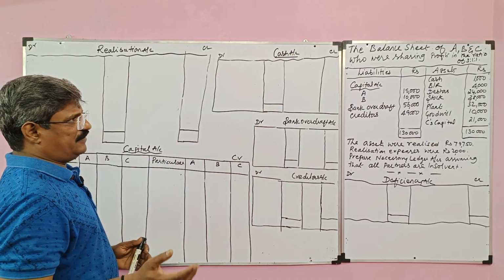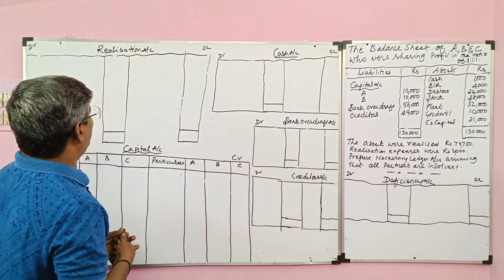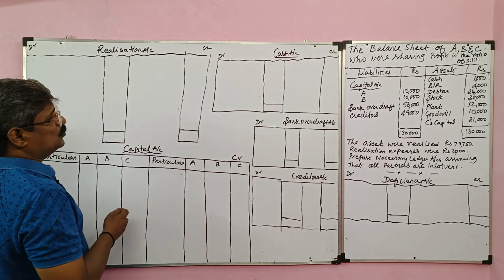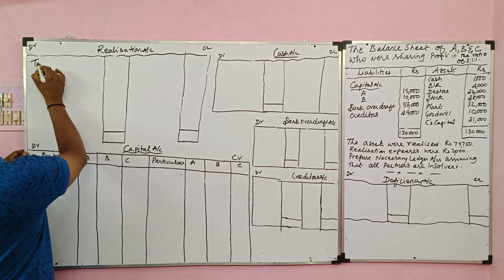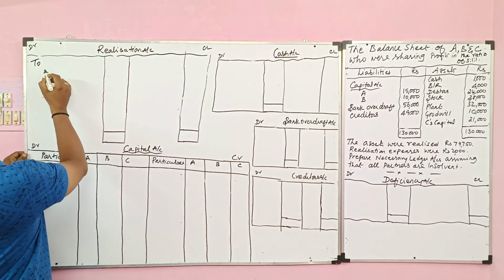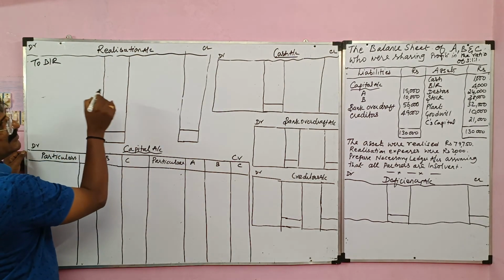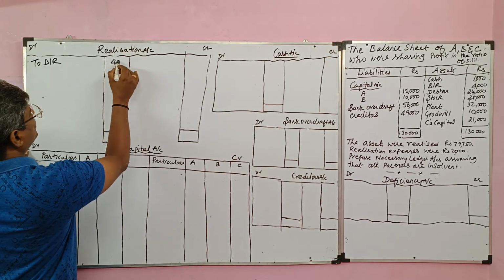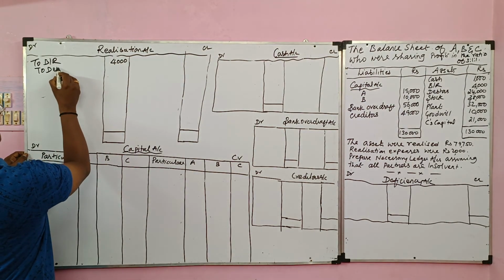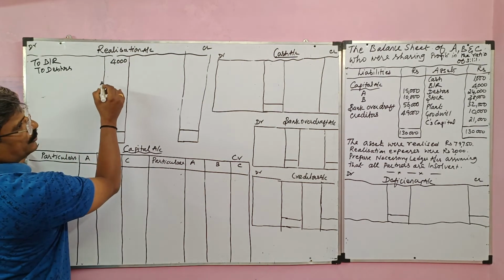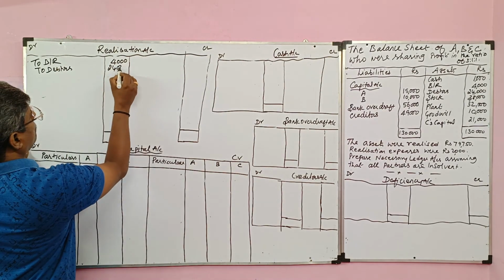For the transfer of assets to realization, the entry is realization account debit to all assets except cash and profit and loss account. So first, to bills receivable, book value. Book value means the value given in the balance sheet. Then to debtors, book value 24,000.